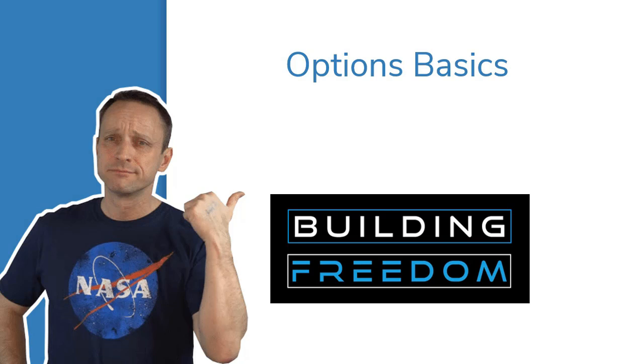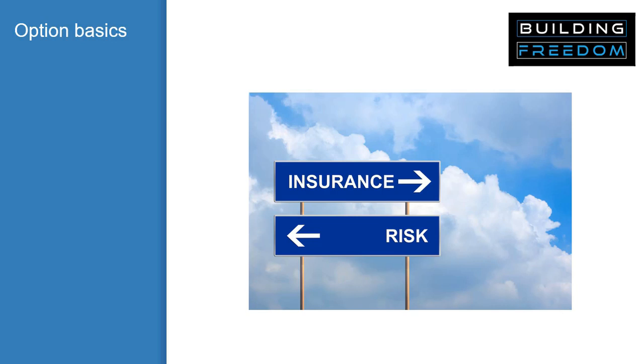First of all, when we move into the world of options, we need to know that what we are talking about here is actually a question of insurance and of risk. So if I have a car and it's a new car, expensive car, and I want to insure it if something bad should happen to it, then I'm buying an insurance.